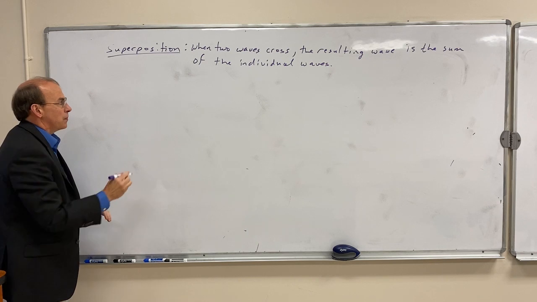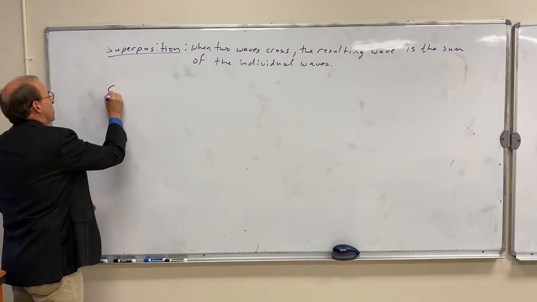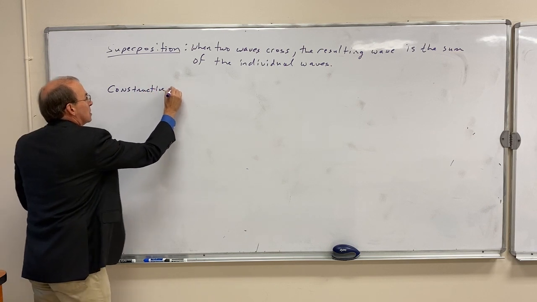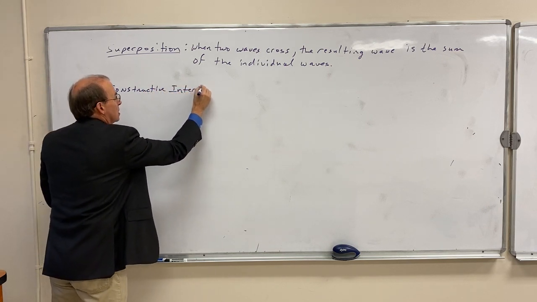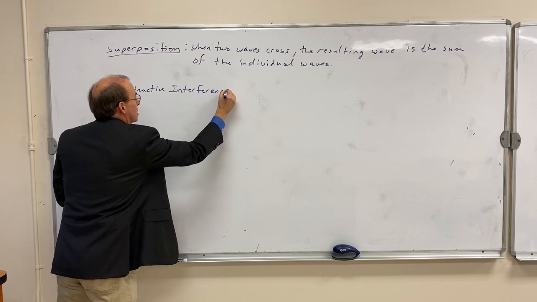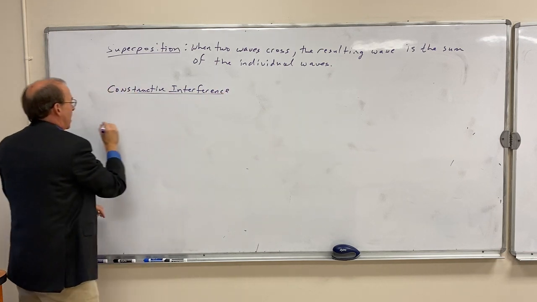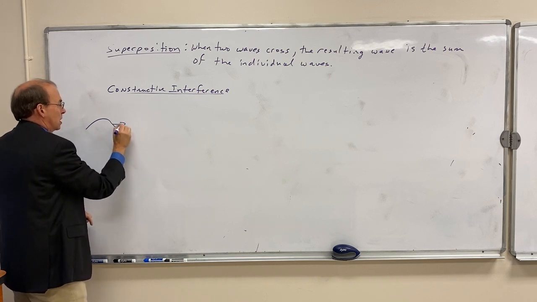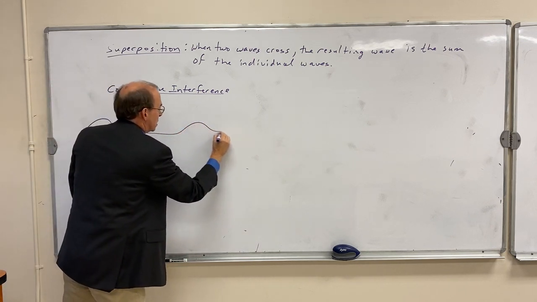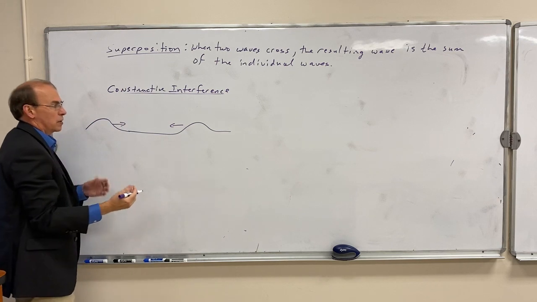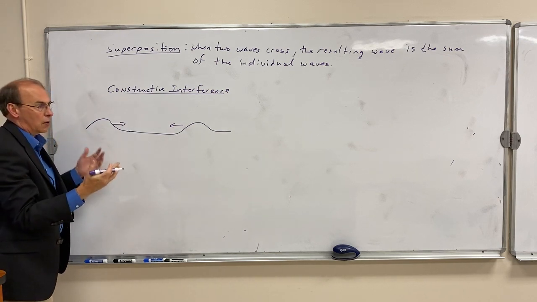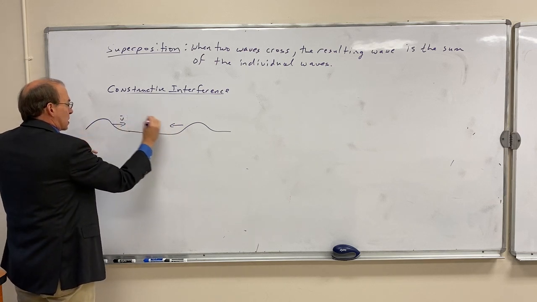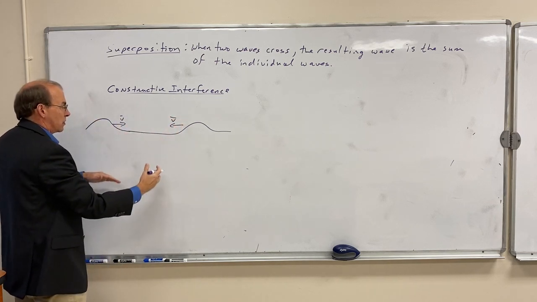So for example, there's something called constructive interference. If I have a pulse, which is a type of wave, traveling this way on a string, and a pulse traveling the other way, they wouldn't have to be waves on a string. These could be light waves or sound waves. So one's traveling to the right, one's traveling to the left.